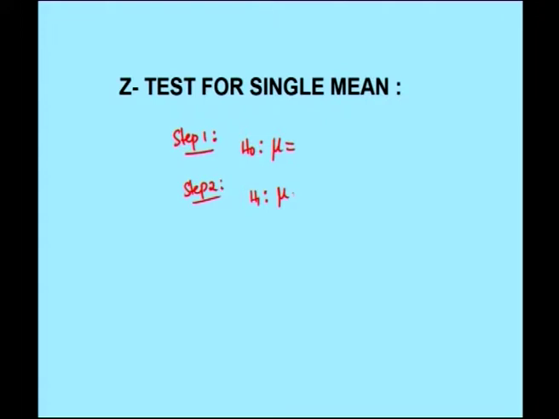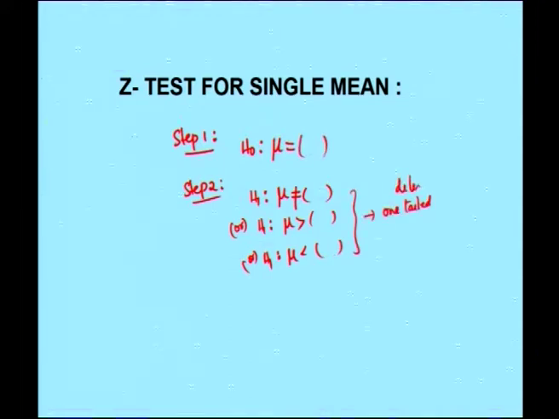As discussed earlier, you set up H1 as mu not equal to that value, or mu greater than a particular value, or mu less than a particular value. Determine whether it is a one-tailed or two-tailed test.